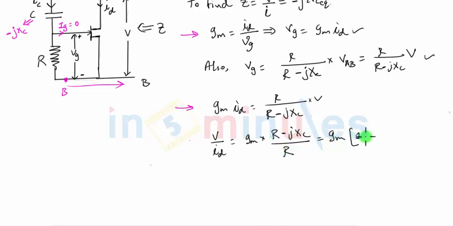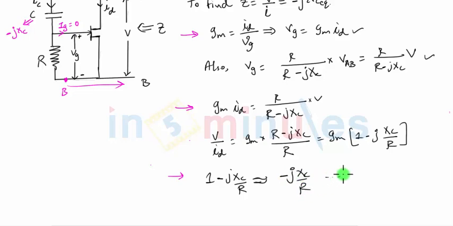R upon R will give me 1 minus jXC by R. Now you get a complex term here, but this complex term 1 minus jXC by R will have a very small real part compared to the imaginary part, because we have made an assumption that XC is much greater than R. This can be approximately written as minus jXC by R. This is mainly because XC is very large compared to R. Because XC is very large compared to R, XC by R is very large compared to 1.